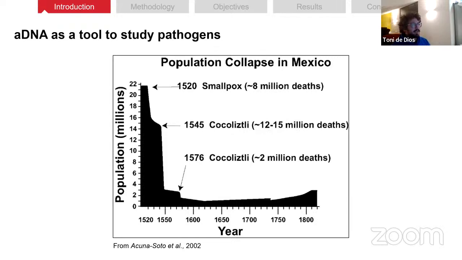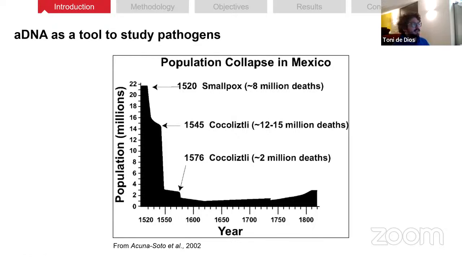This is the case of Native American populations during the discovery era. Basically, there was a series of epidemic outbreaks that drastically reduced the populations of Native Americans in the Americas during the Spanish conquest. We know, for example from chronicles, that some of the diseases were known.